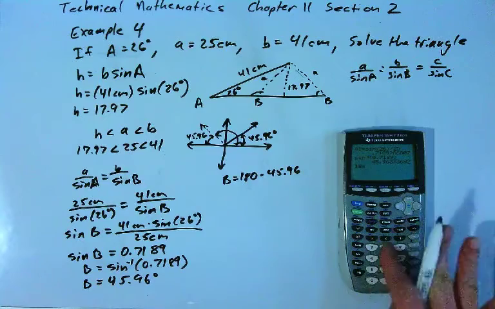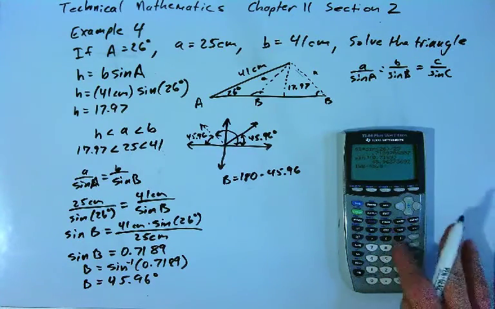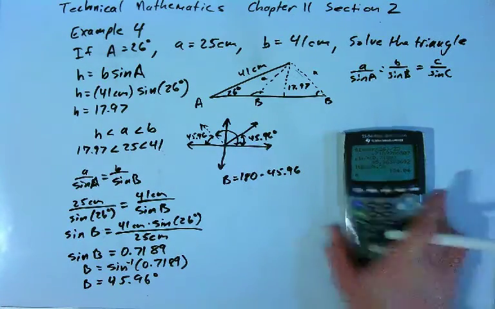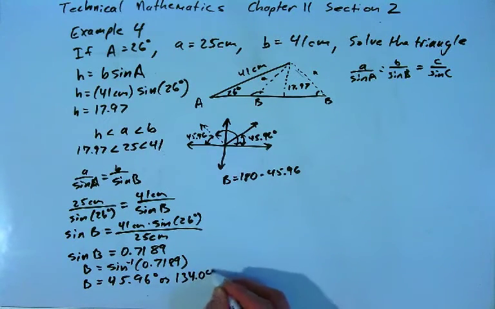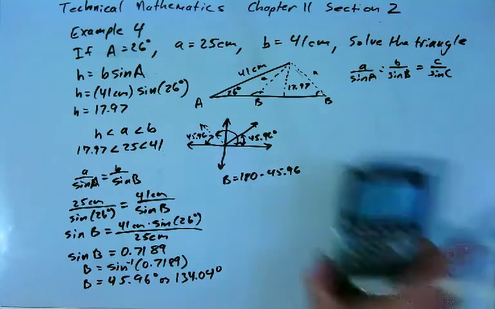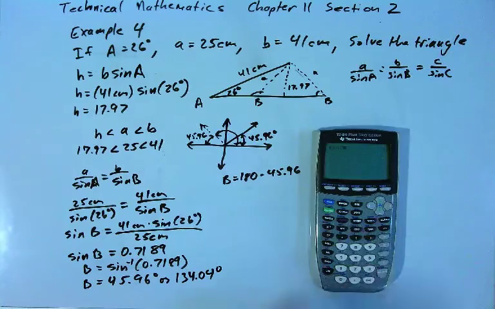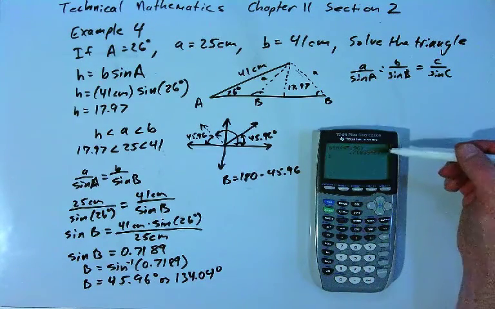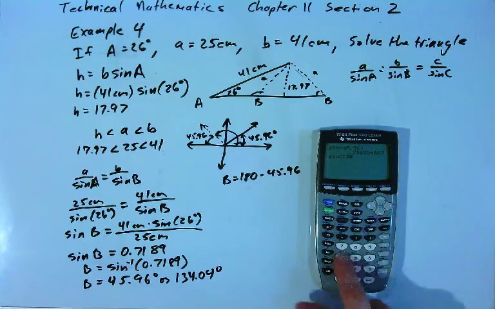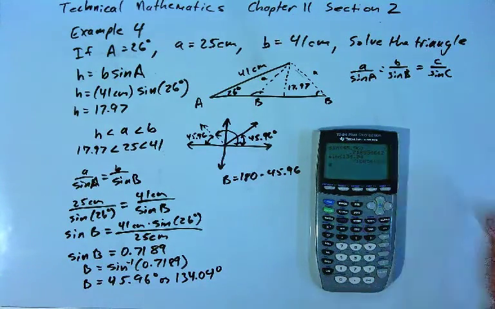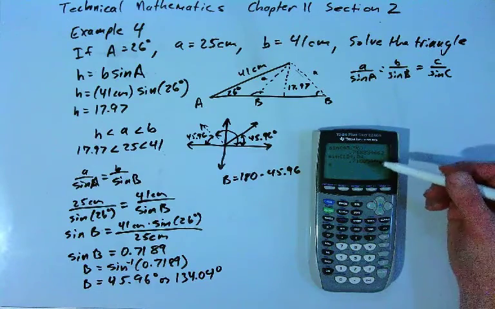And so we'll type that in. 180 minus 45.96, and we get 134.04. So B is either 45.96 degrees or it's 134.04 degrees. And I can check these answers to make sure. So let me check them for you. The sine of 45.96 is 0.7189, and the sine of 134.04 is also 0.7189.